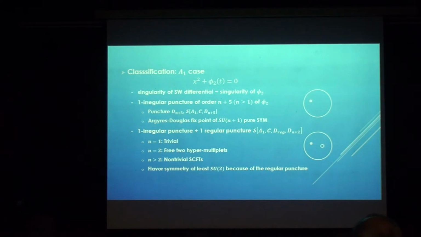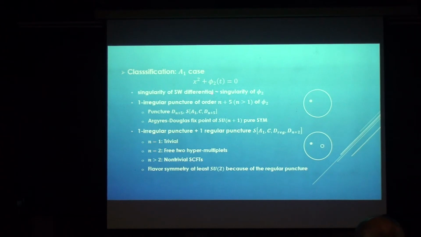We can classify the Argyres-Douglas series by the type of irregular punctures and whether we have extra regular punctures. For example, in the A1 case, the Seiberg-Witten curve is x squared equals phi 2.